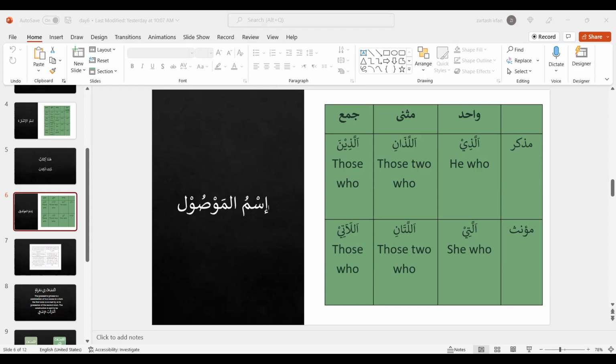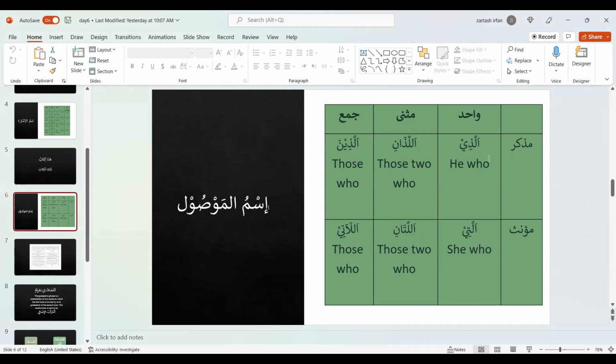Three are for Muzakkar and three are for Muannas. The Muzakkar chart contains the Mufrad, Musanna, and Jama form, and in the same way for Muannas we use the Mufrad, Musanna, and Jama form. Let's read: for Muzakkar, Allazi, Allazani, Allazina. For Muannas, Allati, Allatani, Allati.